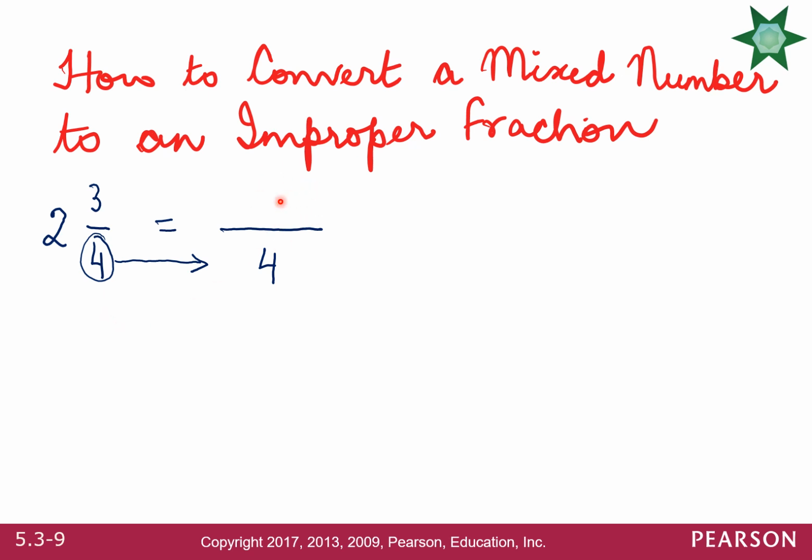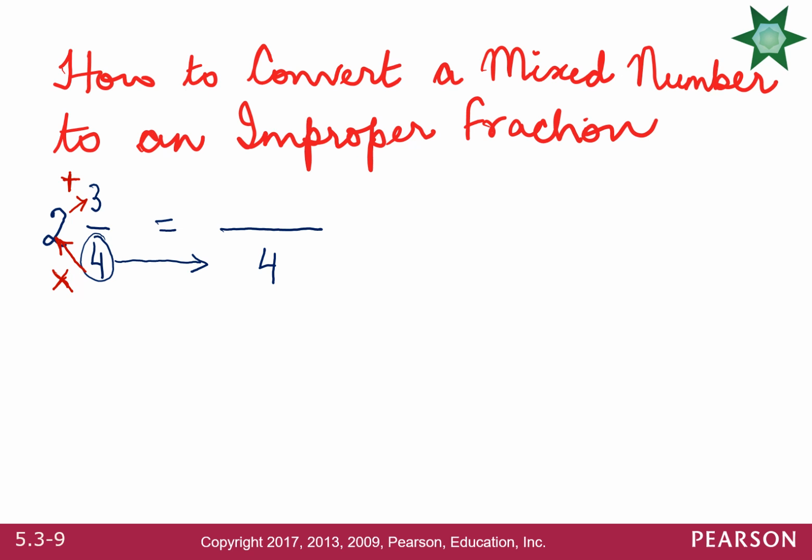Now we have to figure out what to put in the numerator. To calculate the value in the numerator, you multiply the denominator with the integer. So you multiply 4 and 2 in this case, and then to that product you add the 3, the value in the numerator.